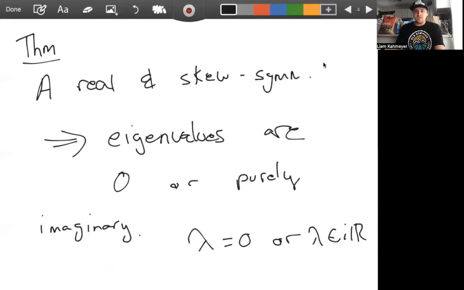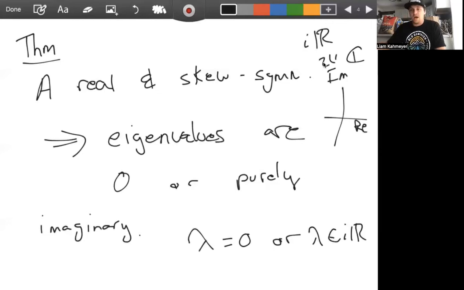Purely imaginary means, when you look in the complex plane, the horizontal axis is the real component and the vertical axis is the imaginary component. Well, the imaginary component here is isomorphic to R. Because for a given complex number, in general, it's of the form a plus bi, but to be purely imaginary means a equals 0.